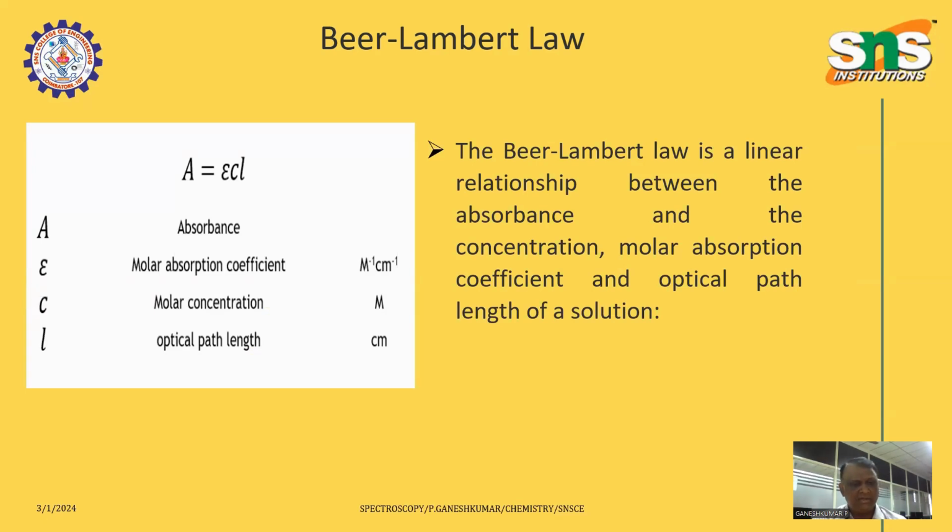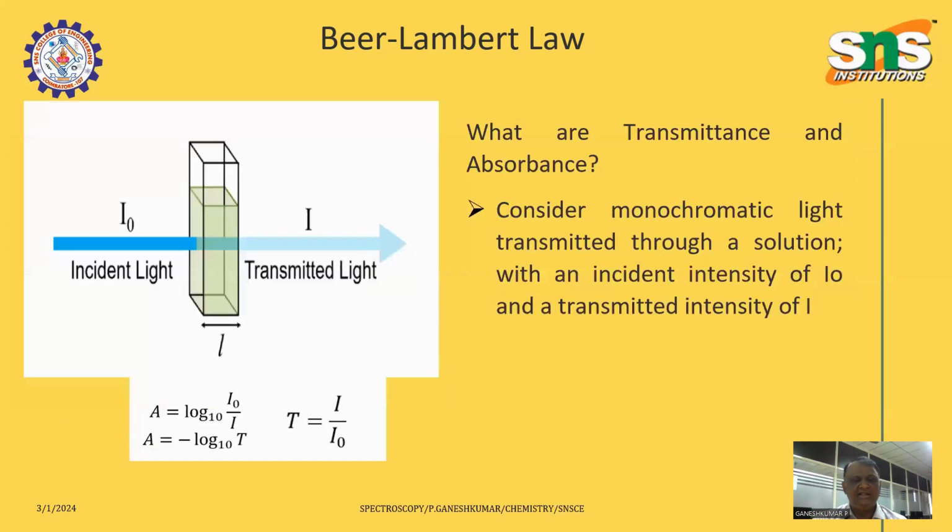A is absorption, epsilon is the molar absorption coefficient, C is the molar concentration of the solution, and L is the optical path length. That means L is the length of the cuvette or the container in which the sample is present.